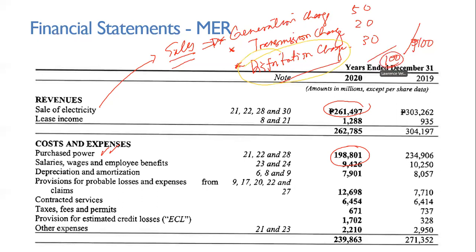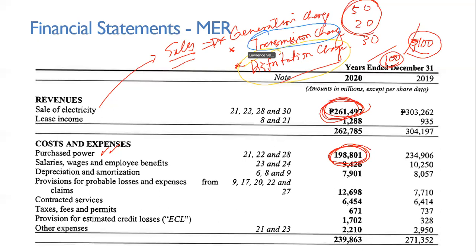Right? So, yung nare-receive here under revenues ay yung buong 100 pesos. However, yung 70 pesos is paid out as purchased power. Okay? So, pinabayad nila yan doon sa kumpanya na transmission, gumagawa ng transmission, at sa kumpanya na nag-generate ng electricity.